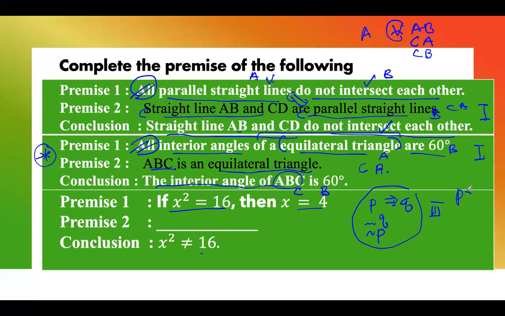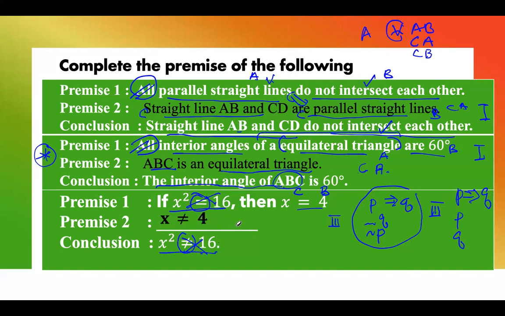Type 2 is P, not P, then Q. Here P is here, so this must be type 3. What is the answer? The answer must be X equals to 4, but here using equal becomes not equal. That's how you determine. Next we go to the answer, so let's see what the answer is.